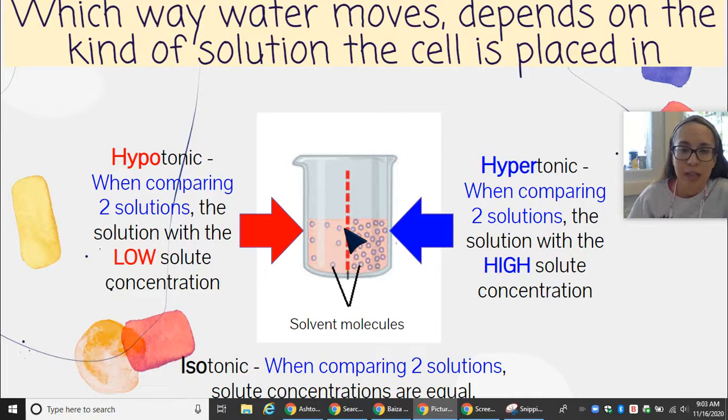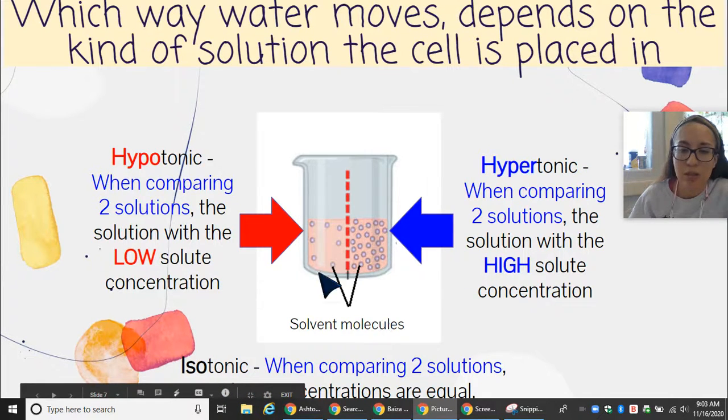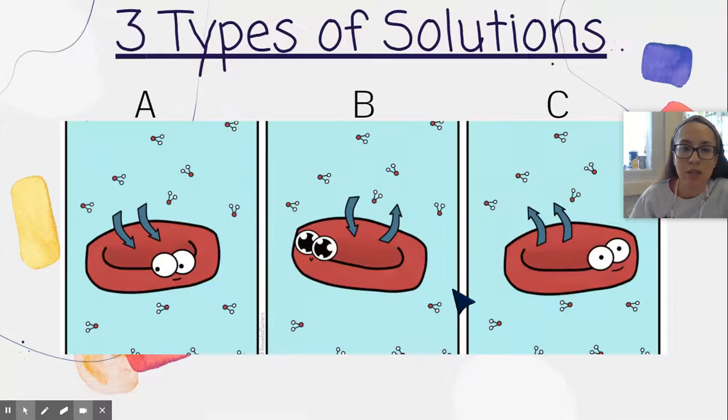So we would say the left side is hypotonic compared to the right side. The right side is hypertonic compared to the hypotonic left side. So just replacing those less and more words. And we're talking about solute concentration here, okay? So isotonic is when comparing two solutions and they're equal on both sides.